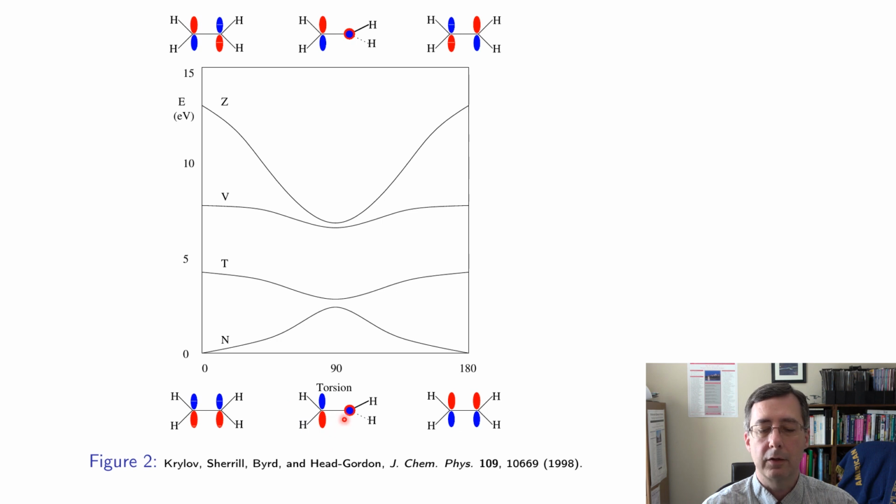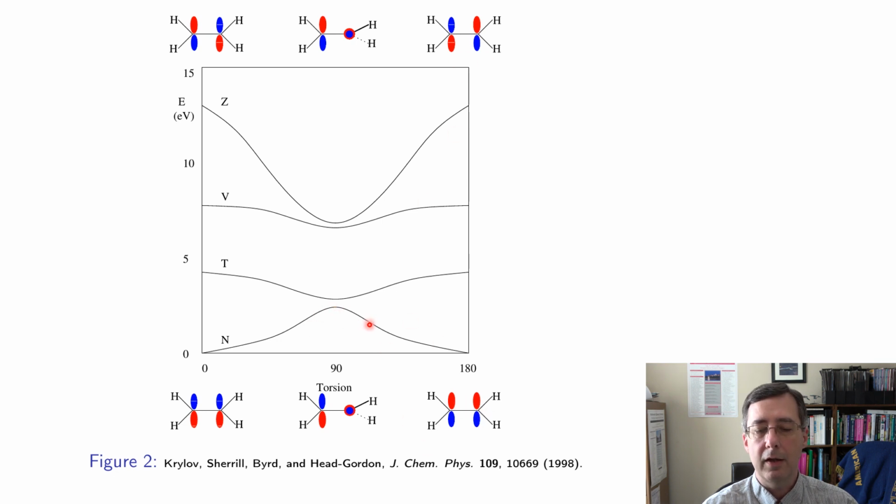ethylene looks like at 90 degrees. And if I only have one determinant, I'm unable to do that. So if I have one determinant, I try to stick to this one, and then right at 90 degrees, what am I going to do? Well, I'm going to flip over to this picture because I want to avoid going up here.